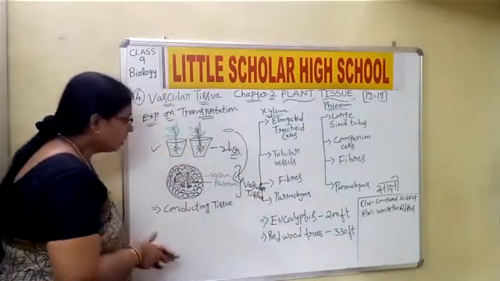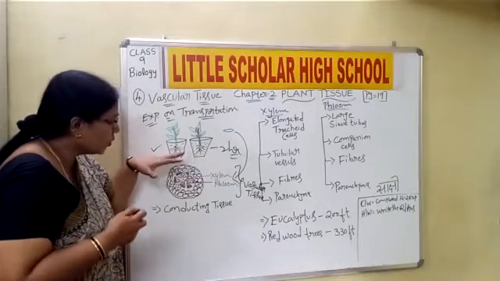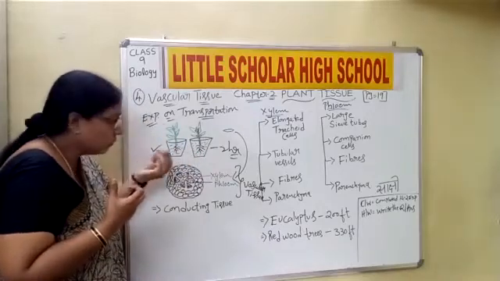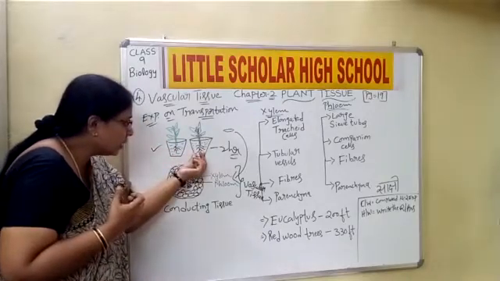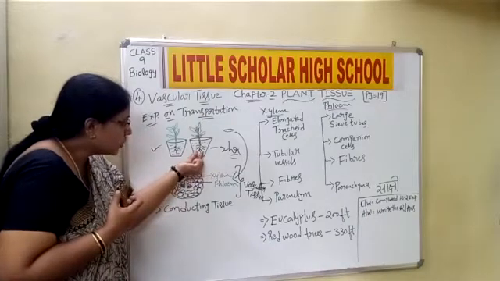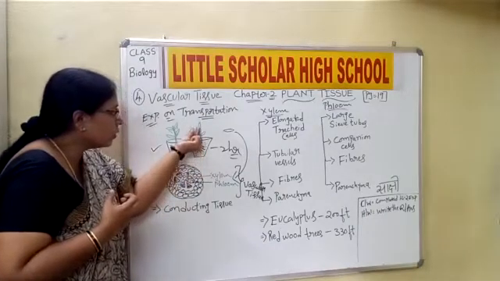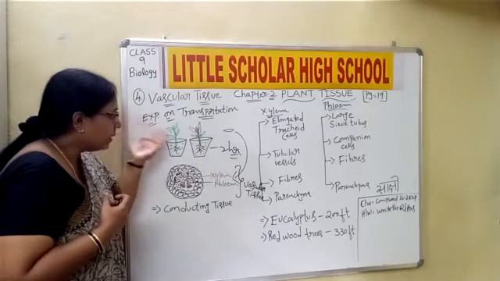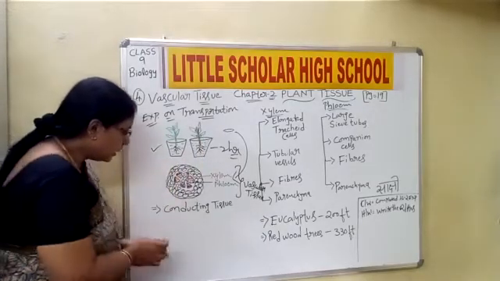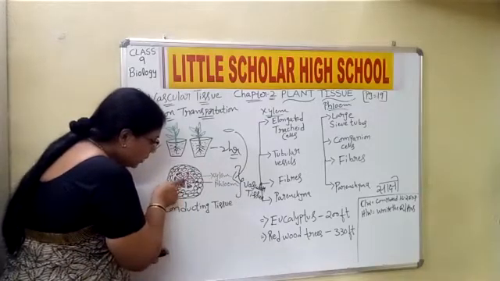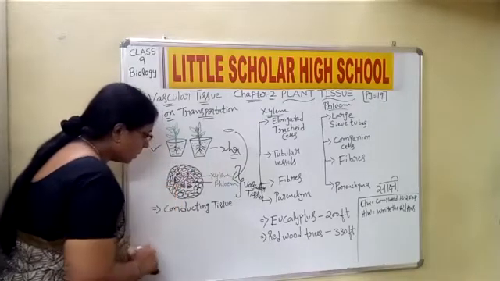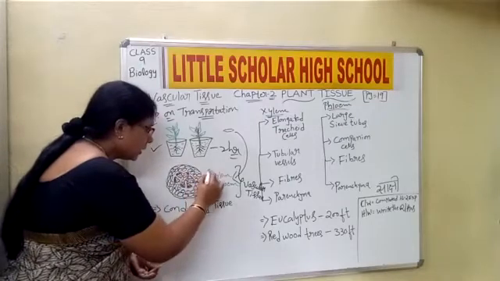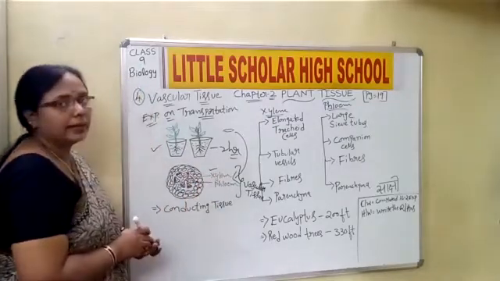Now the red part means there is some tissue or mechanism which has absorbed this red colored water and transported it to the upper part of the plant. Now when we cut the section, we see that yes, we can observe these red colored parts.